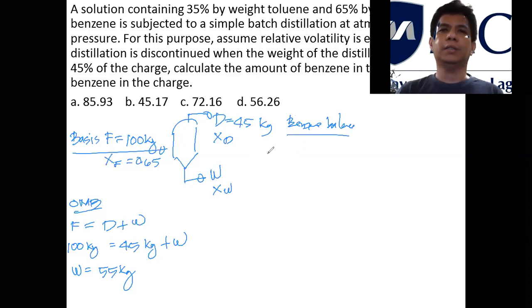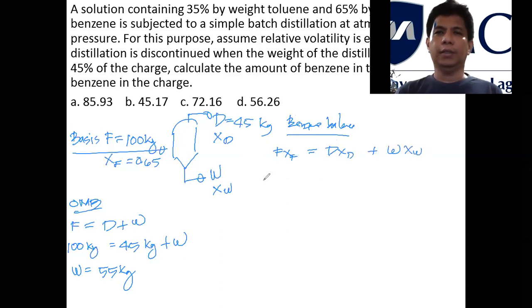So basically, this is FXF equals DXD plus WXW. And then you just substitute the values of each variable. So for F, we have 100, XF is 0.65, D is 45, XD is unknown, W is 55, which we solved earlier, and then XW.